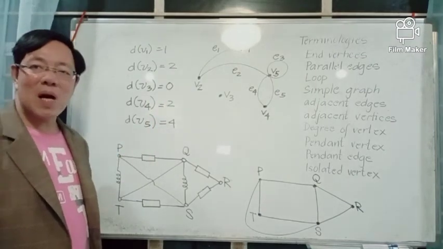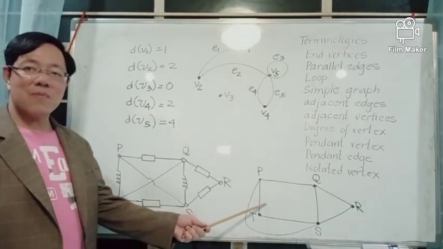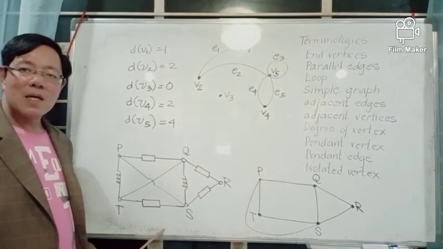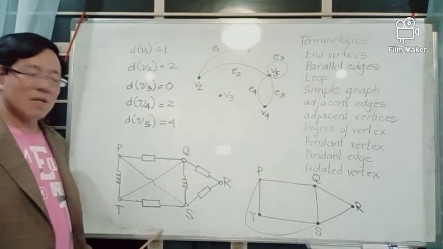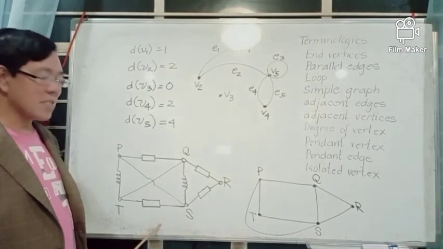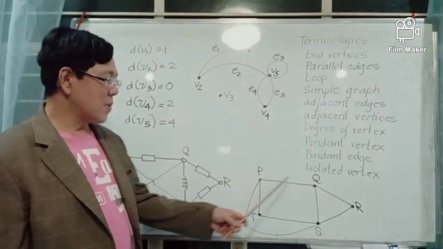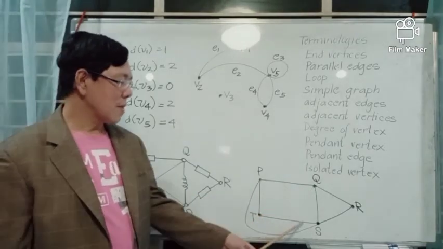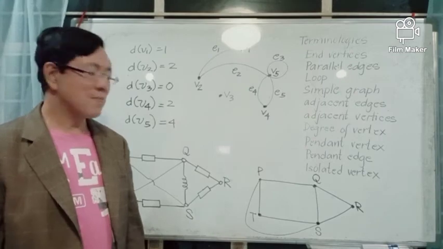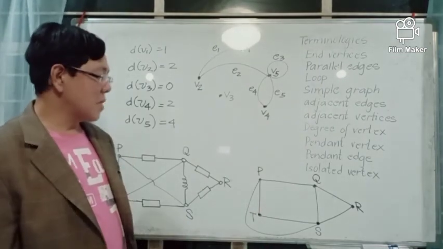Now for your practice, consider the following graph. This graph is a representation of this electric network. This electric network has been translated to a graph, and these are the vertices. And for naming the edges of this graph, you have to use a pair of vertices.